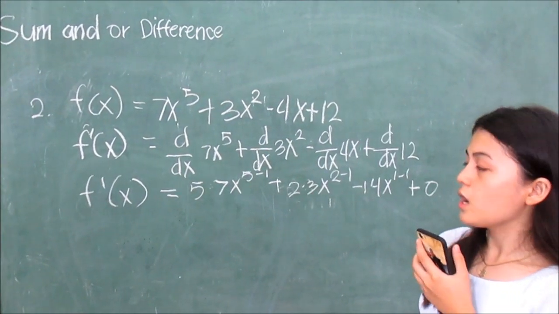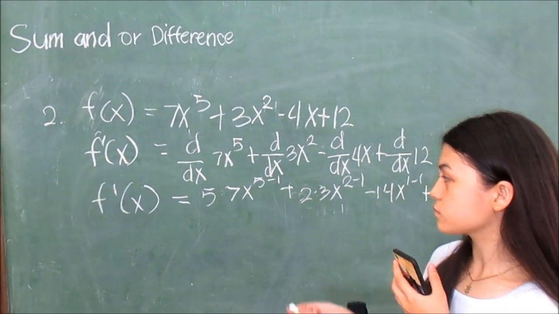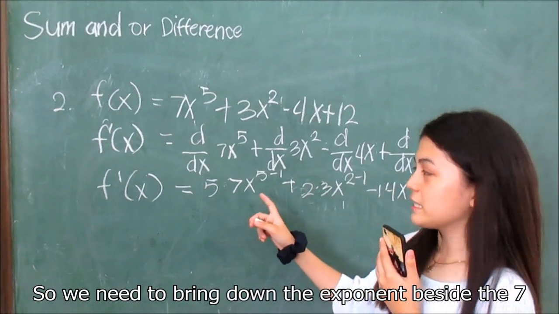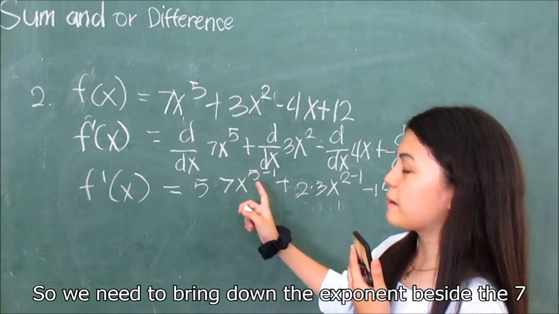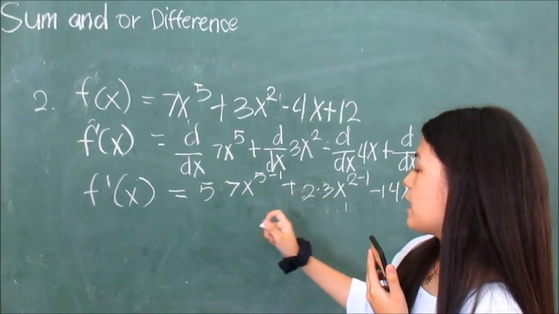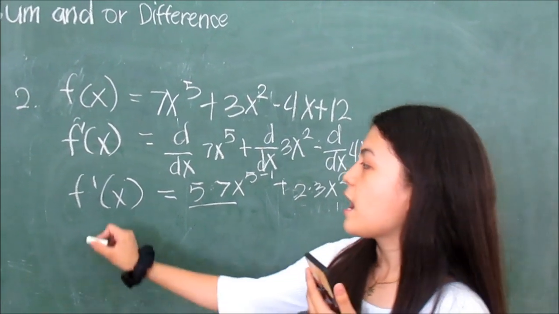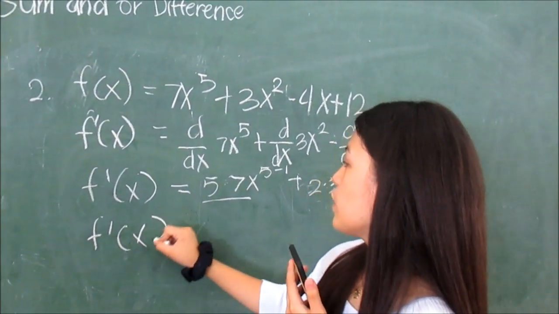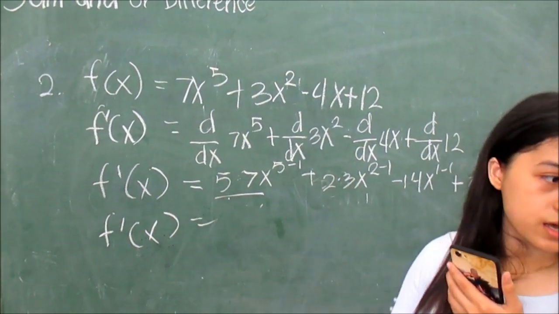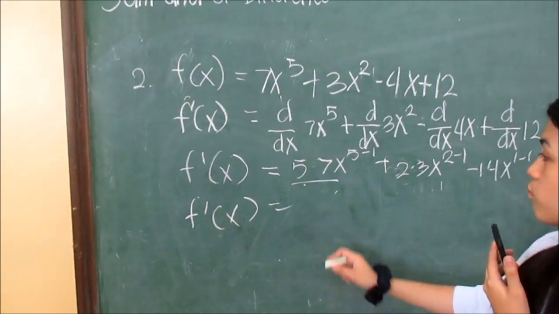After doing that, we simply multiply each term. So we need to bring down the exponent 5 beside the 7, and then do the same thing to the rest. After that, we are now going to multiply 5 times 7. So 5 times 7 is equal to 35.